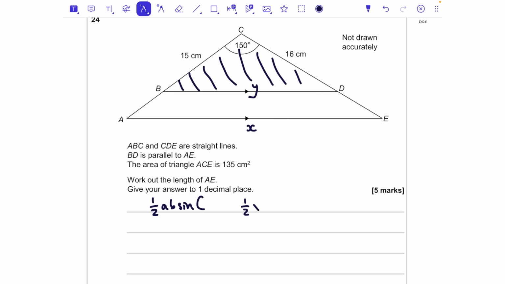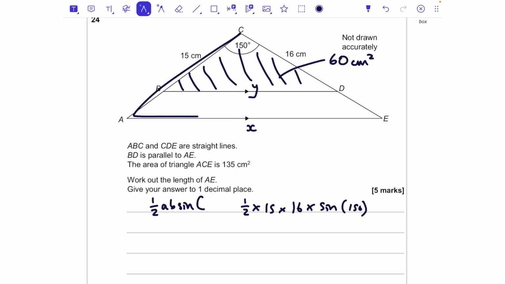Half times 15 times 16 times sine 150. Once I've got that area, I can compare it to the area of the whole thing and we can get a scale factor then. So 0.5 times 15 times 16 times sine 150. And that means the area of that triangle is 60 centimetres squared.